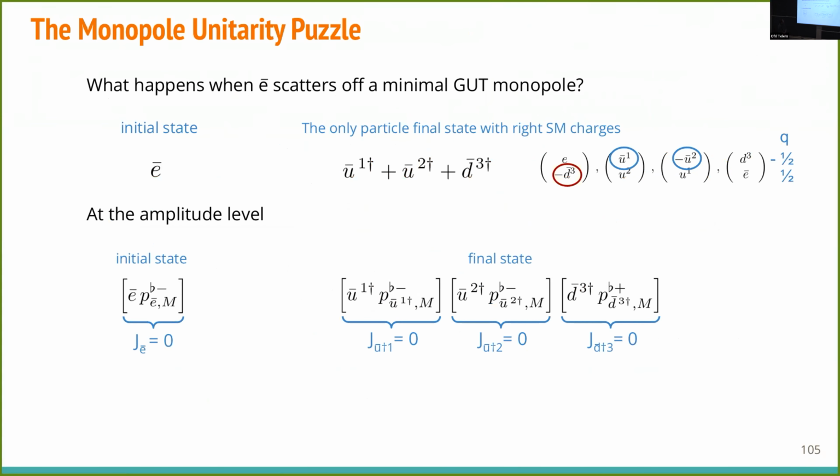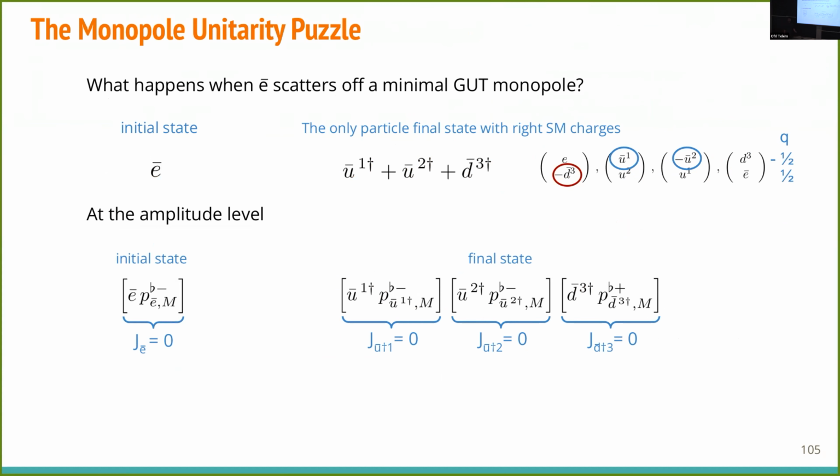The monopole unitarity puzzle is, let's say I throw a positron into my GUT monopole, and I try to do the same exercise as before, when I had the U(1) and the U(2), there was one possible final state. Now when I do this, it seems like there are zero possible final states. And that's a problem, and this is why it's a unitarity puzzle.